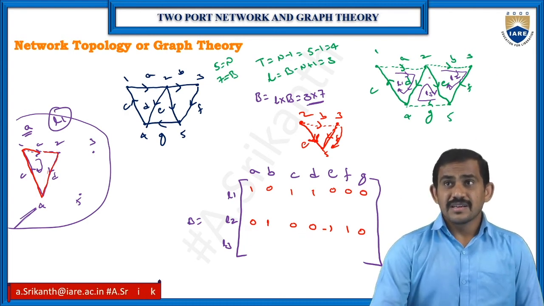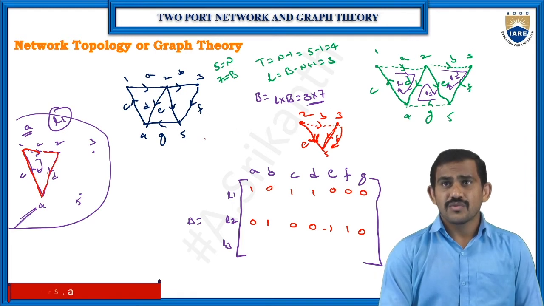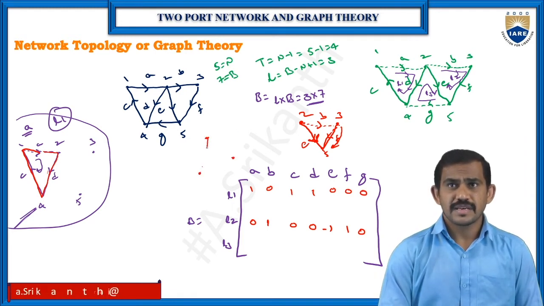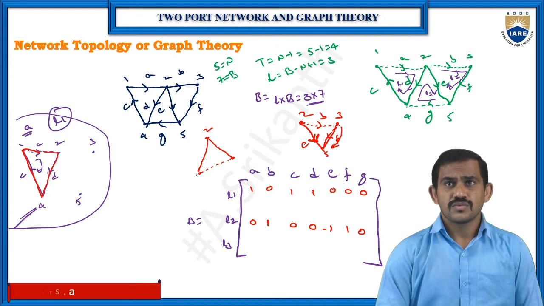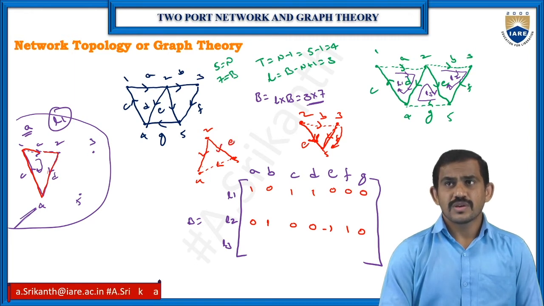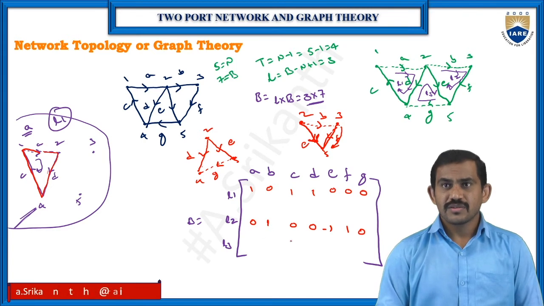Then coming to loop 3, at loop 3 also between 4 and 5. G is your co-tree. So 2, 4 and 5. Now check the directions: E and D and G. Now I need to follow the G direction.